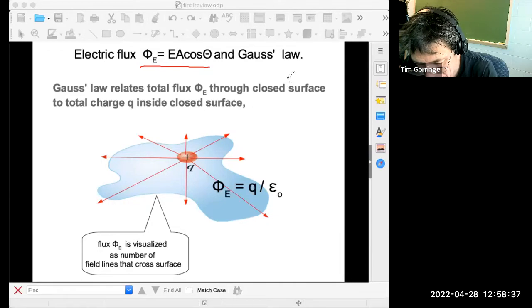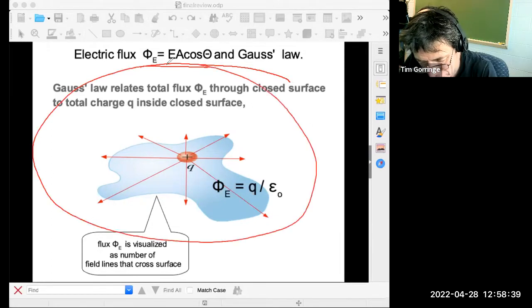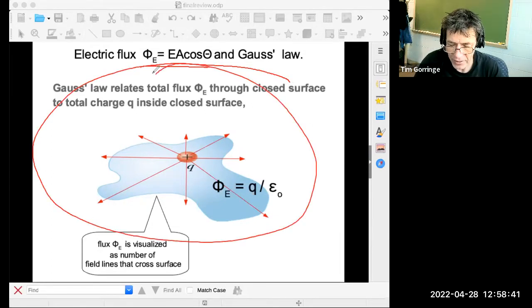And that actually leads to Gauss's flux law, which I'm describing here. And Gauss's flux law says that if you think about a closed surface, so that might be the outside of a soccer ball or a football or some other closed surface, doesn't have to be a symmetric shape, could be any shape. It's got to be closed, not got to have holes in it.